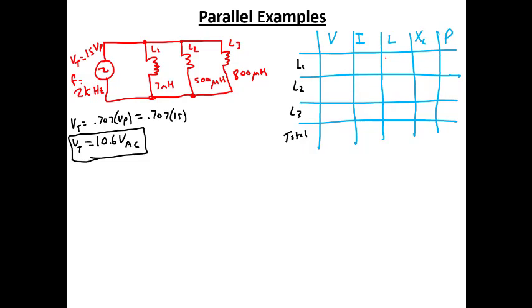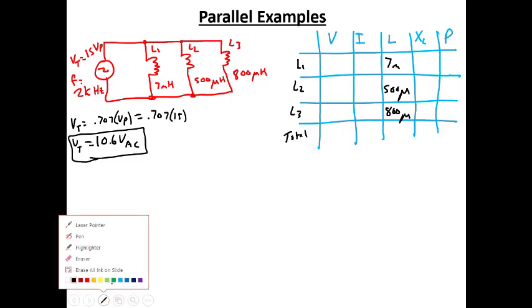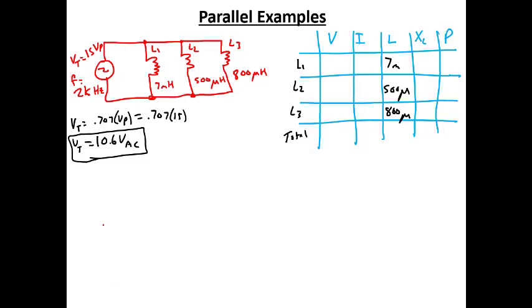Then we have 7 millihenries for this inductance, 500 microhenries for L2, and 800 microhenries for L3. The next thing that we need to do is find the inductive reactance. So we're going to have X sub L1, X sub L2, and X sub L3. Let's do that first.